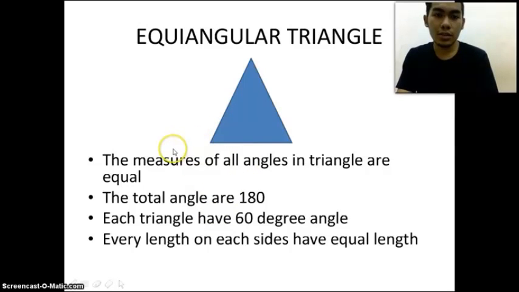The equiangular triangle is when the measures of all angles in the triangle are equal.